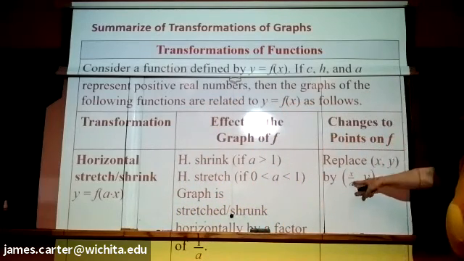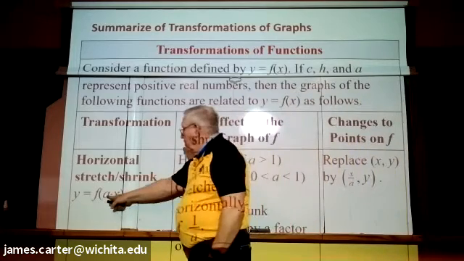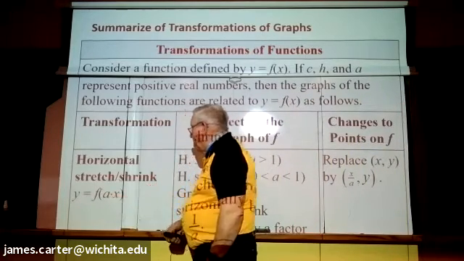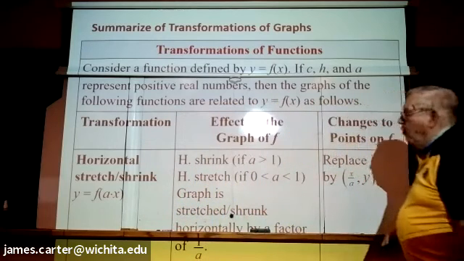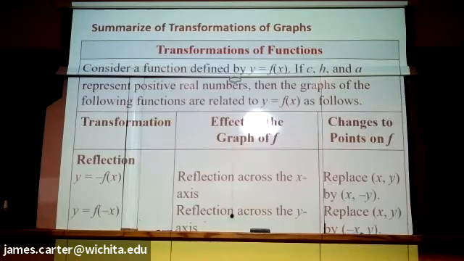So in other words, if this is a 5, you divide all of that by 5. If it's a 1/4, then you multiply everything by 4. That's how you change the x values, by multiplying by the reciprocal of that a.